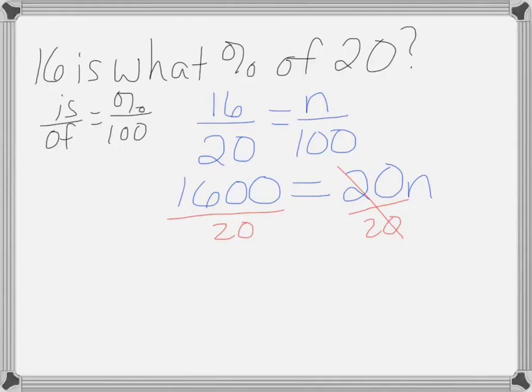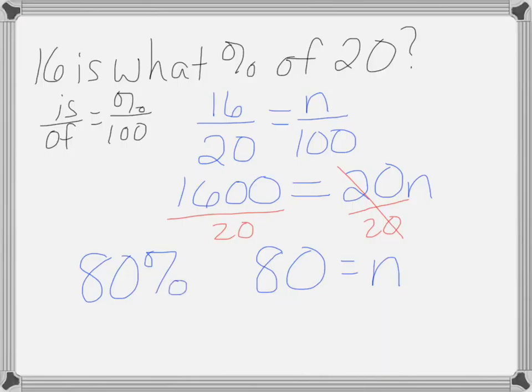And then you can just use your calculator. 1600 divided by 20 comes out to be 80 equals n. Now always go back and look at the original problem and see what's been asked for. We're looking for the percent. So when we write our answer, 80, we need to write the percent symbol with it. 80%.